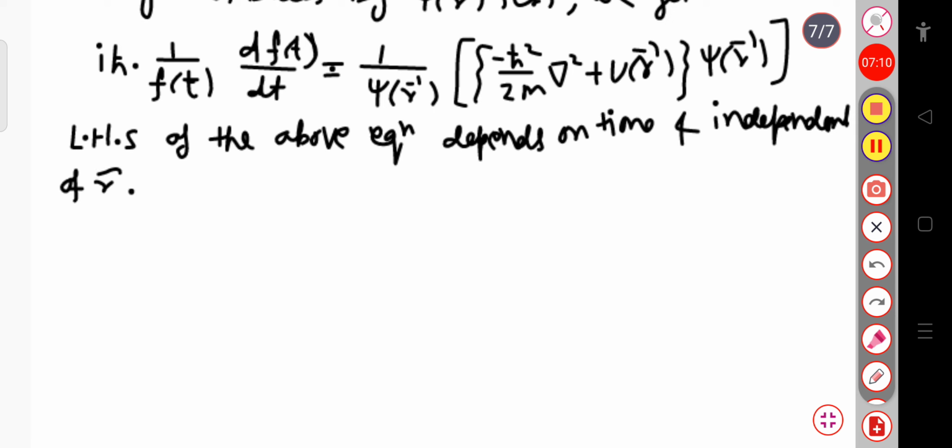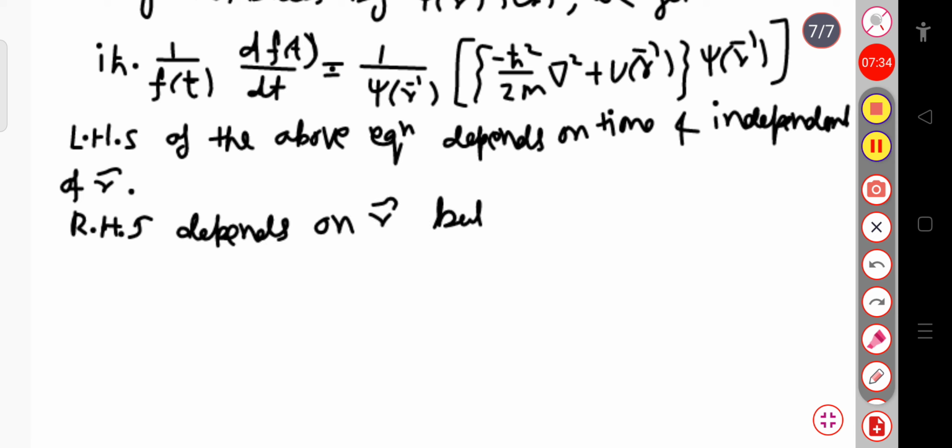And also the RHS depends on r vector but is independent of t.